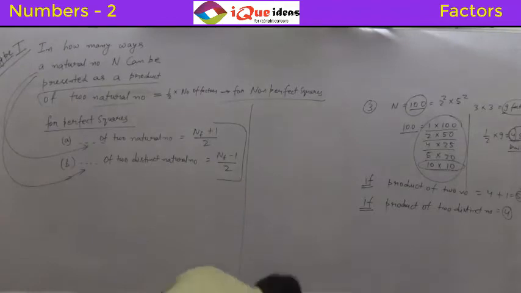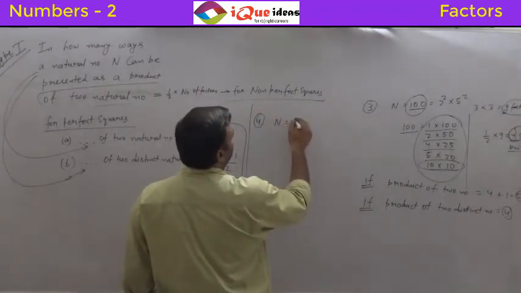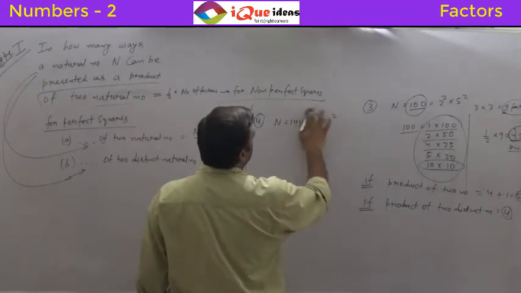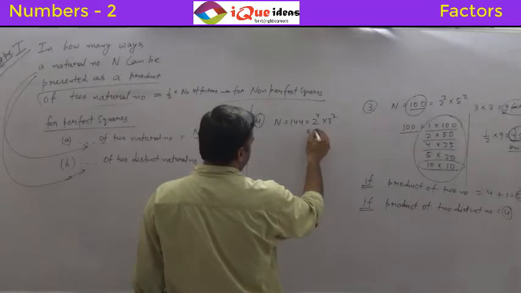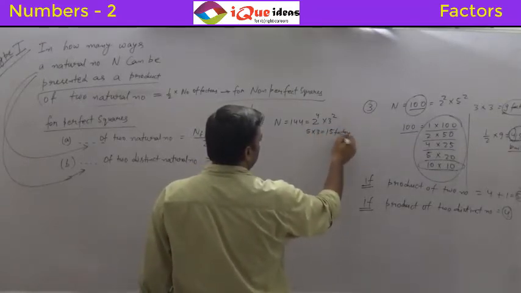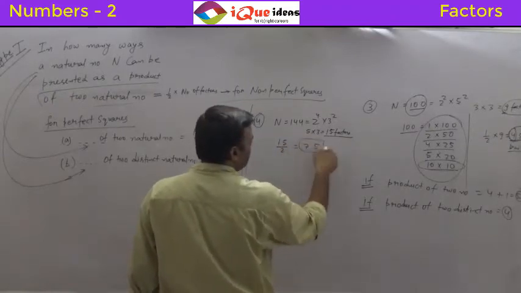So let's take a number n as 144. So 144 is 2 to the power 4 into 3 to the power 2. So the number of factors will be 5 into 3, that is 15 factors. Now 15 by 2 is 7.5. So what do we know?